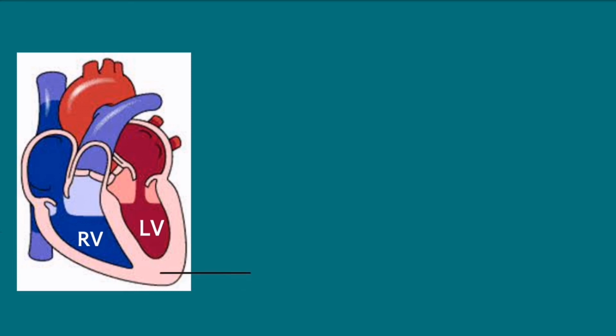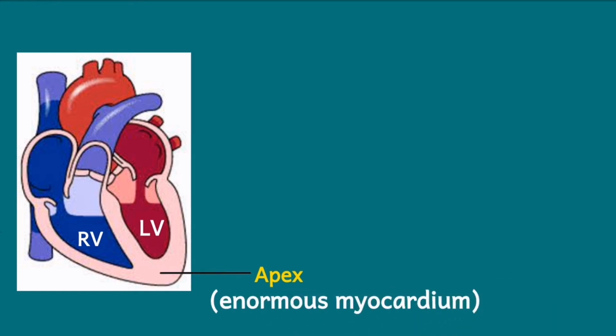Alright, now this is the apex of the heart, or of the left ventricle. This part of the left ventricle has the most enormous myocardium, and this region contributes most to the ventricular contraction. This translates to mean that it is responsible for the most dominant wave in the complex.